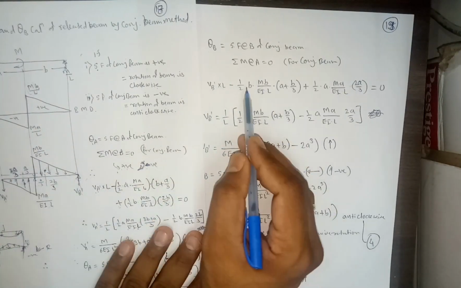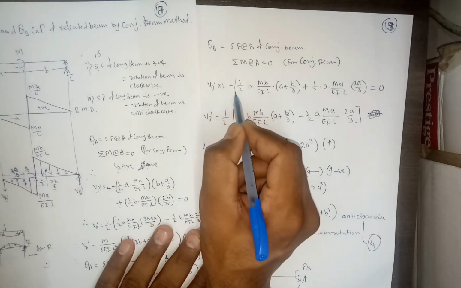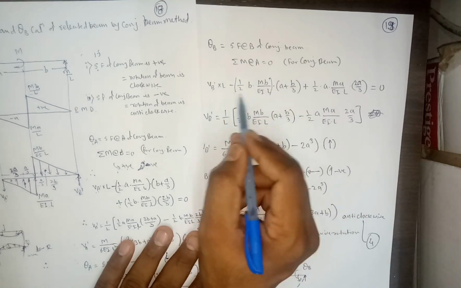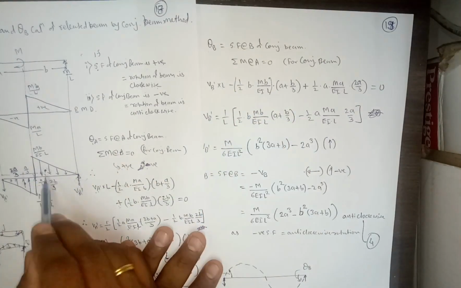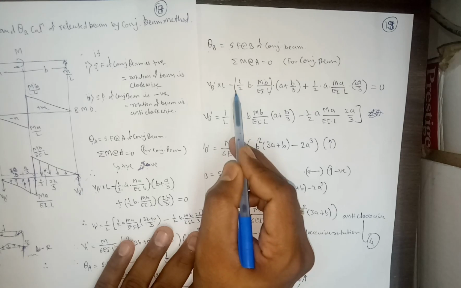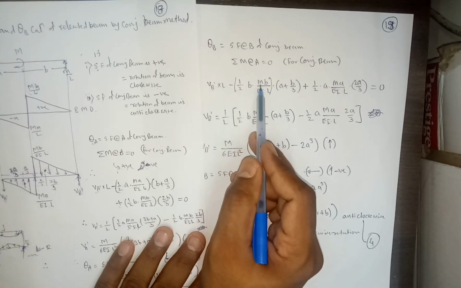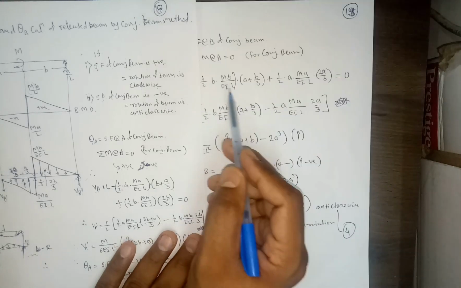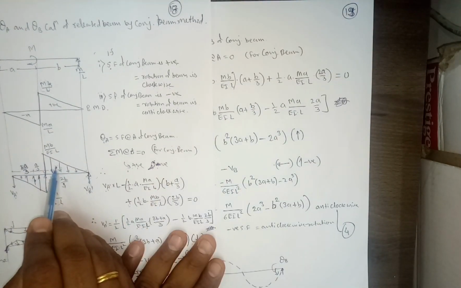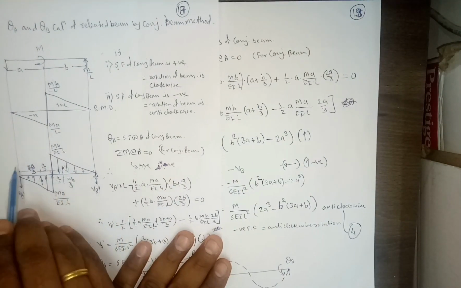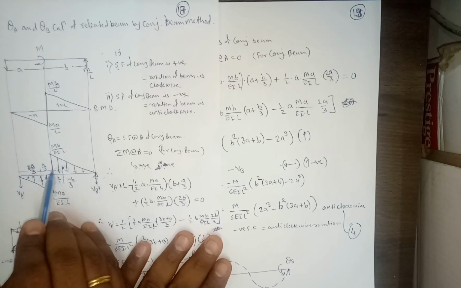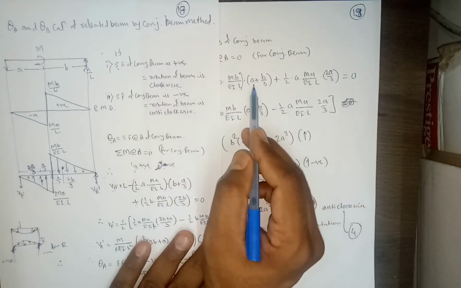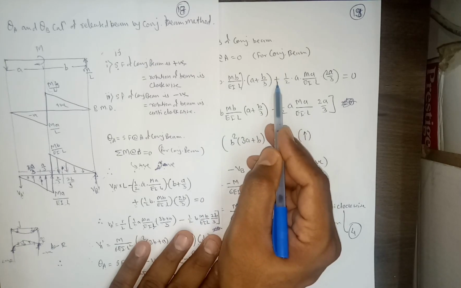The area of this triangle is 1/2, this is the load, which is equal to 1/2 base into height. Height is MB by L EI into L. Right, and then we have to consider this distance. So this distance will be equal to A plus B by 3, A plus B by 3 plus.